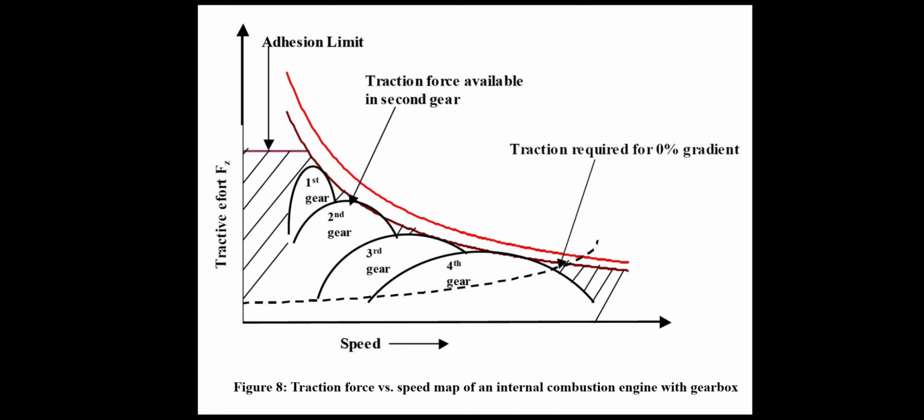So the gearbox, we can say, is the converter of the output of the maximum power. Thus the power potential of the engine is better utilized.